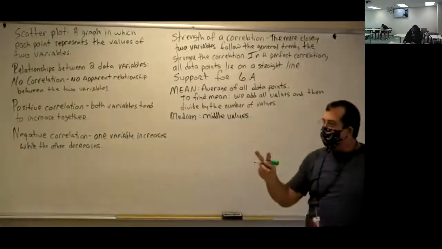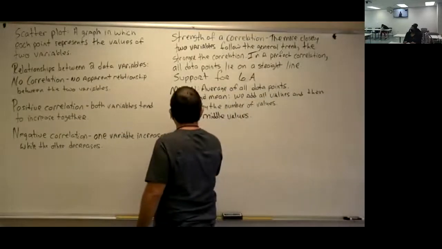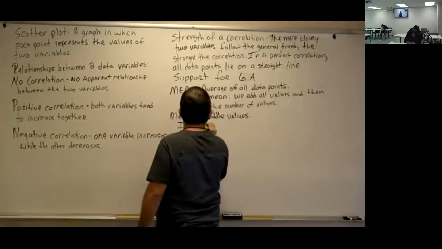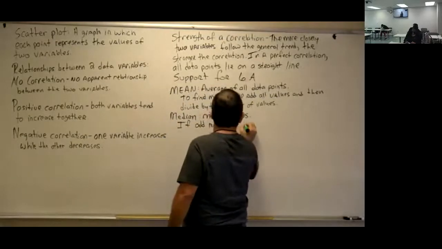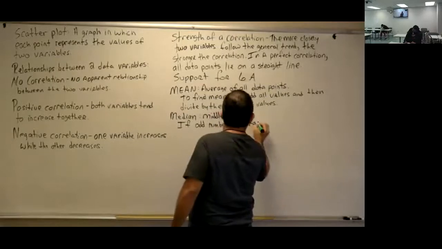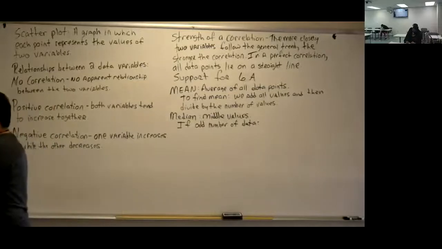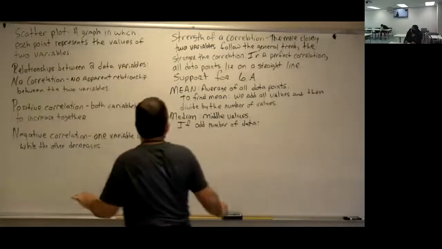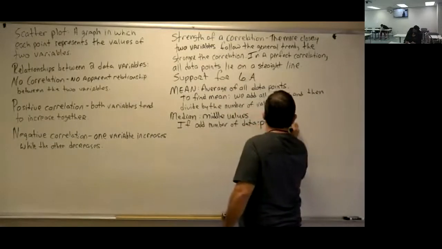Now there's 2 ways you can find the median. If it's an odd number of data, so if I had 7 data points, I'm going to pick the one right in the middle, which would be my fourth. So pick the middle number.